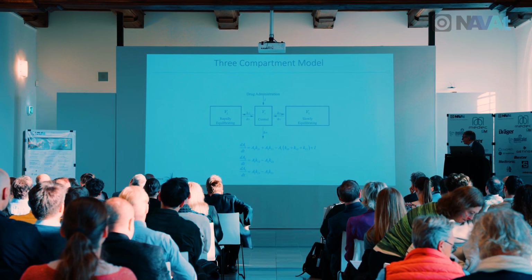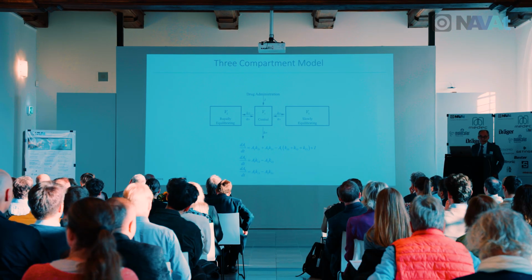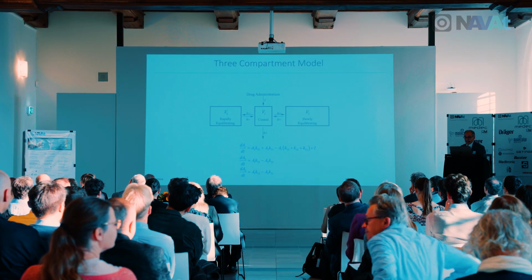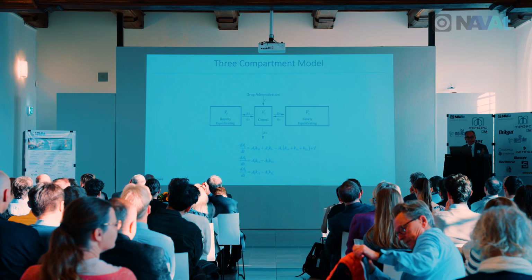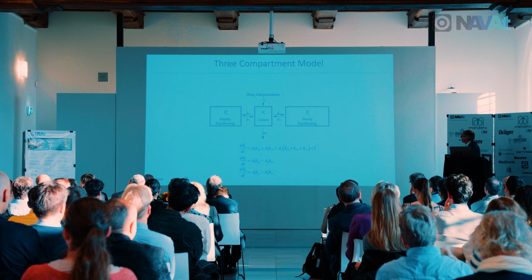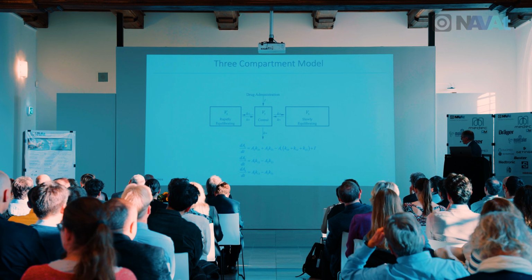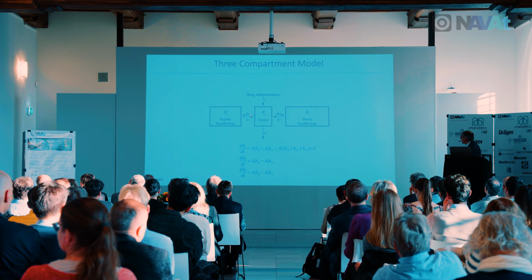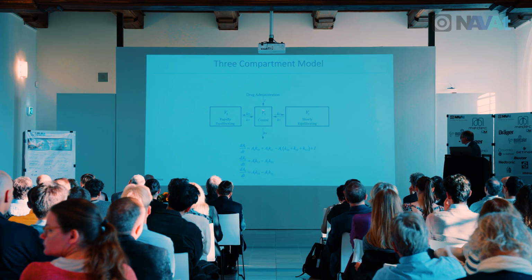If you inject a bolus or a continuous infusion in a patient and measure drug concentration, you can see there is a relationship that can be described with compartmental models. This is, for example, a three-compartmental model. You administer the drug in the central compartment. That compartment has a volume.